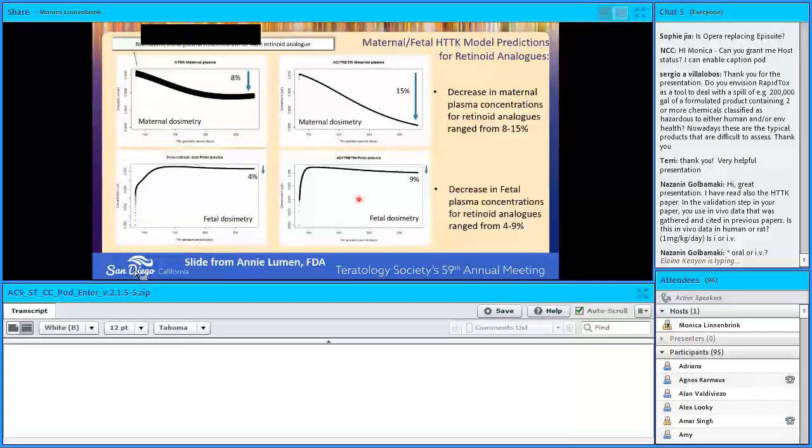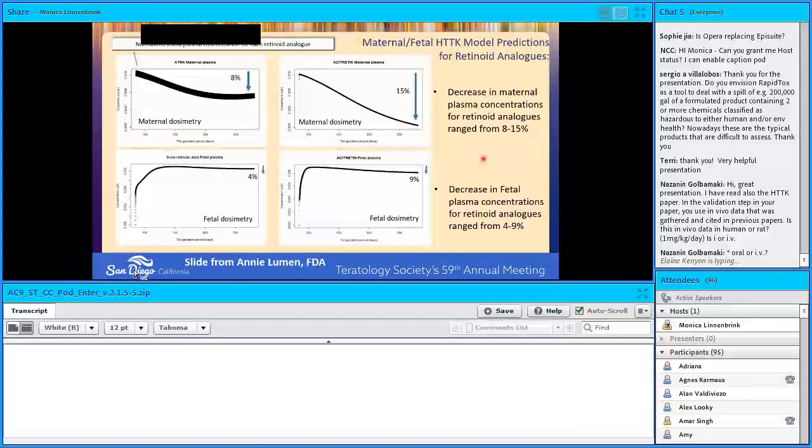That model, an earlier version of it, is currently being used by Dr. Annie Luman at the FDA. She was just presenting this at the teratology meeting on Monday, I think, or Wednesday, I don't know what day. Basically, what she is able to do with this generic model is start to look at the difference between the drop in concentration for the chemical exposure in the mother versus what the fetus sees.